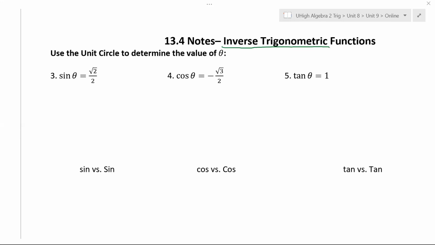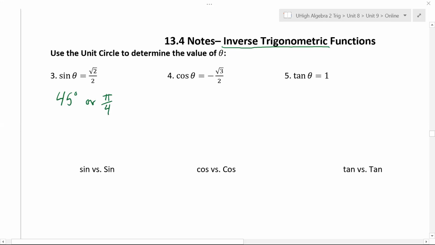The first one is the sine of what equals root 2 over 2. I want to find when is the first time that this occurs. The first time that I have root 2 over 2 is at 45 degrees or pi over 4 radians.